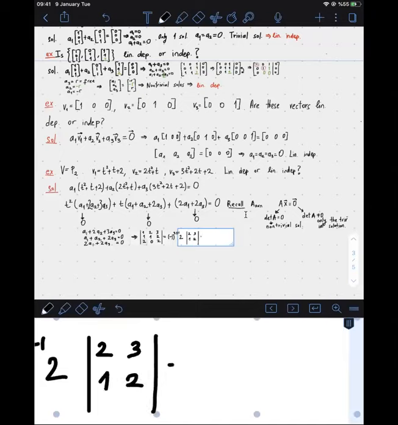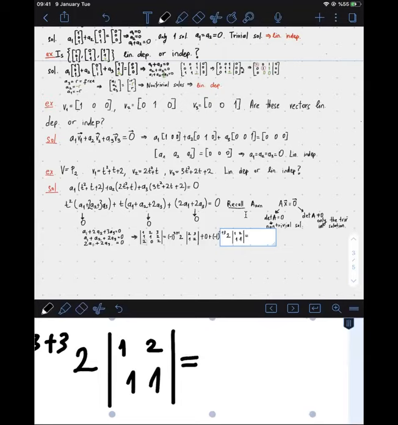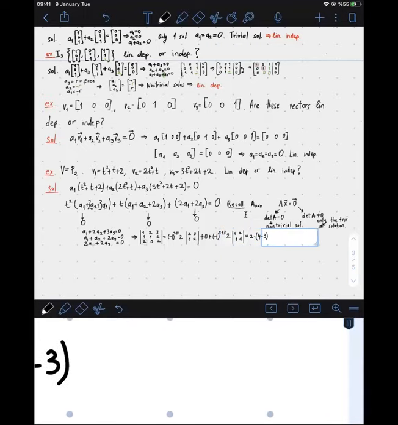And then I get a 0 in the second component, and then I have minus 1 to the power 3 plus 3. And then, oh no, I write 2 here. And then what do I do? 1, 2, 1, 1. Let's compute this number. This number is 2 times 4 minus 3 plus 2 times 1 minus 2.